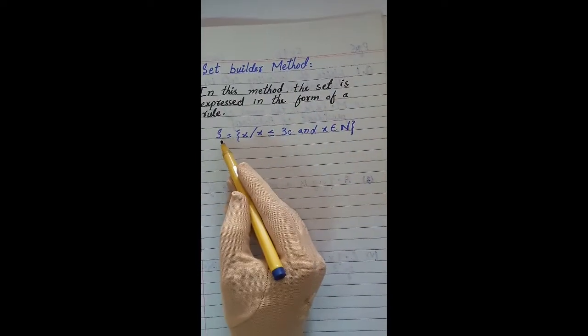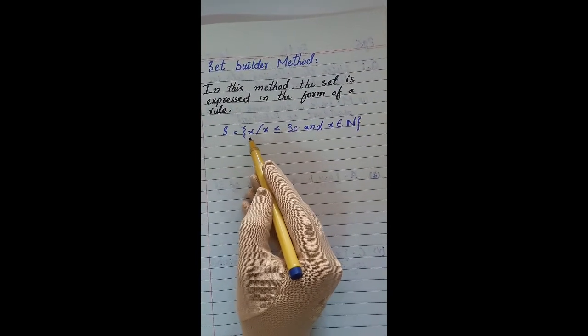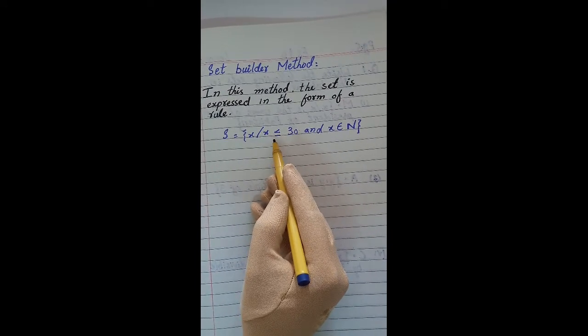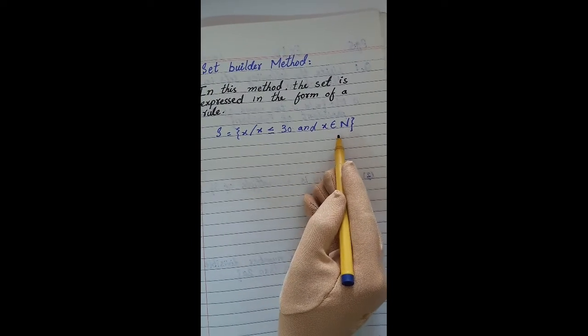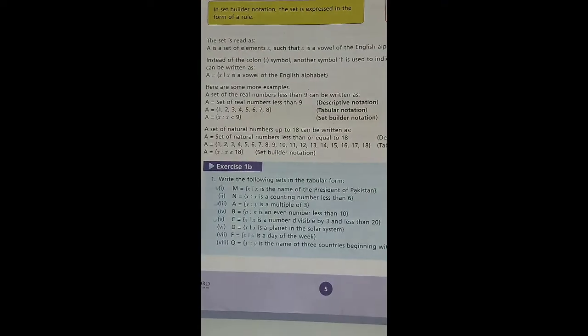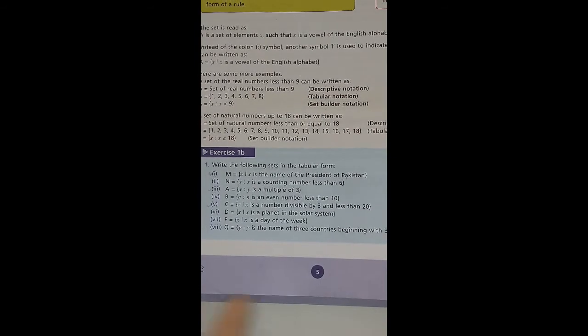The set S has an element of X where X is less than equal to 30 and X is the element of natural number.